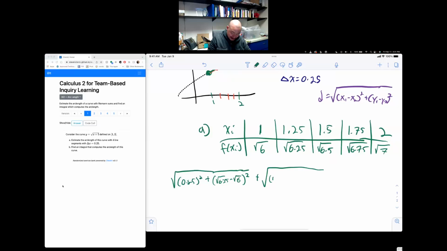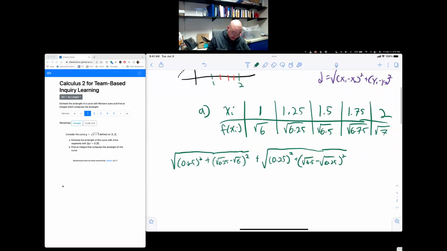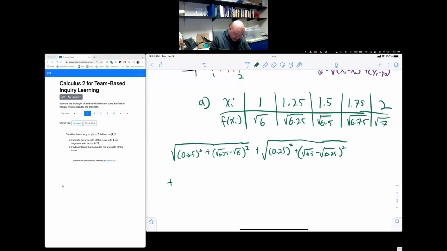The next segment, the change in x is still 0.25 squared, plus my change in y, which is root 6.5 minus root 6.25 squared. My third segment, again, my change in x is 0.25 squared, and my change in y values is quantity root 6.75 minus root 6.5 squared.